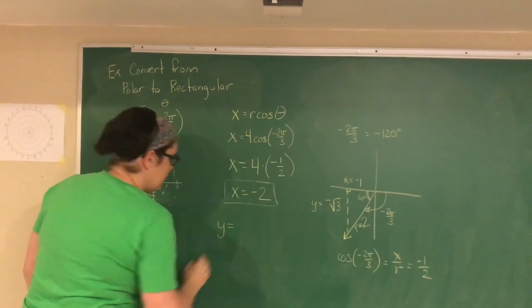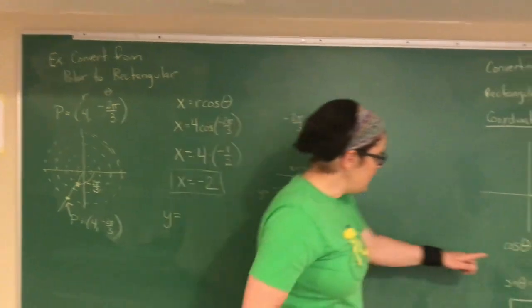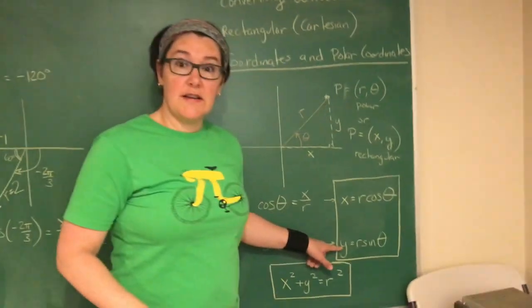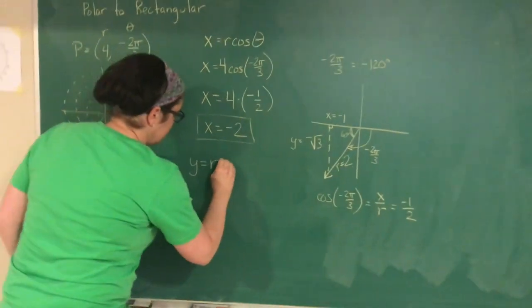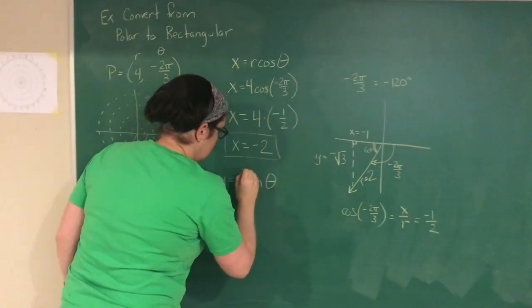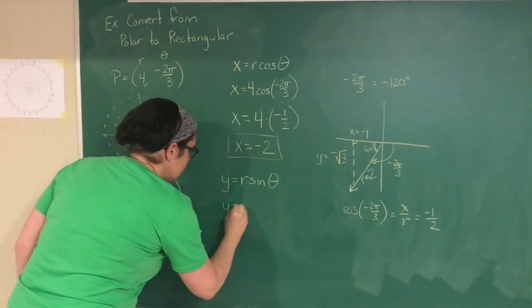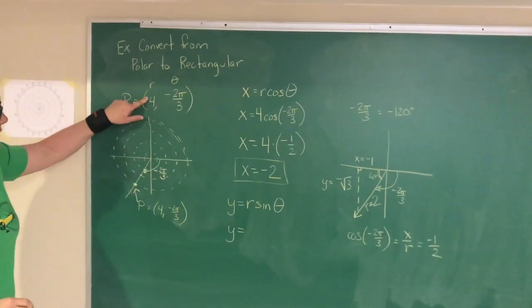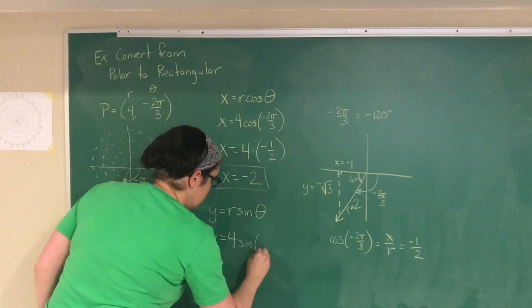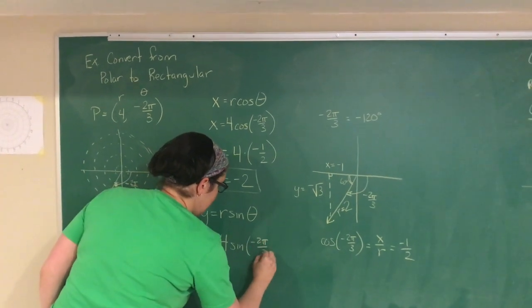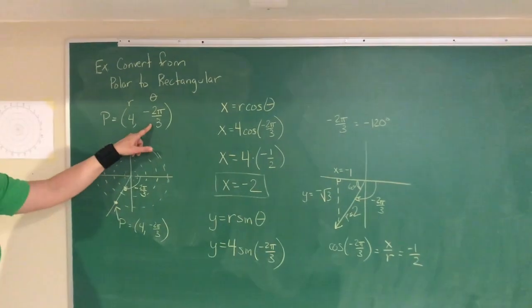And our y coordinate, y is r times sine of theta. So for us, our r value on our problem is 4, and our angle is negative 2 pi over 3.